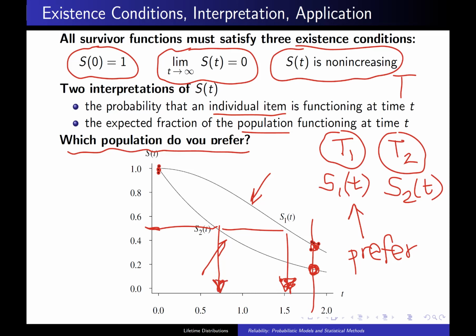And that's another way of saying if the median is longer, then that's going to be the preferred brand of light bulb. Now, by the way, this applies to the median, which is the 50th percentile. It also applies, for example, to the 20th percentile. Here is the 20th percentile of the second brand of light bulb, and here is the 20th percentile of the first brand of light bulb.